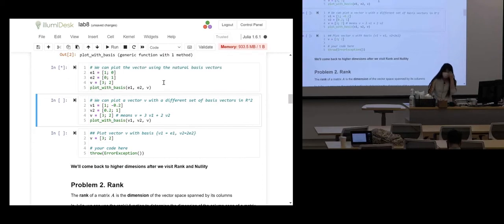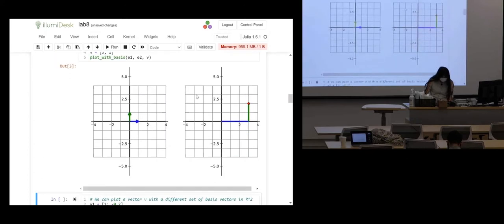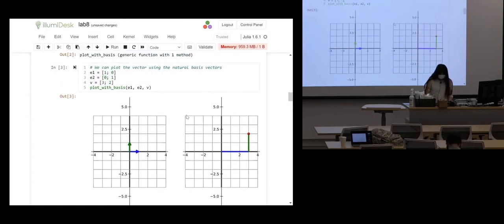It is slow the first time you run that. So here, we can see the blue arrow is E1, and the green one is E2. The first plot shows the bases. First, we can see those bases are orthogonal, and the norm is 1, so that's a natural basis.